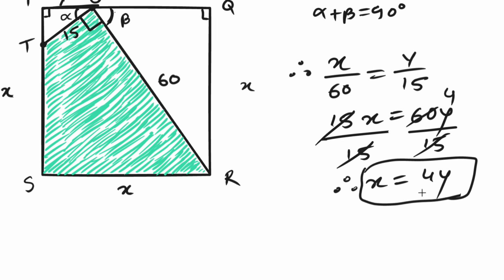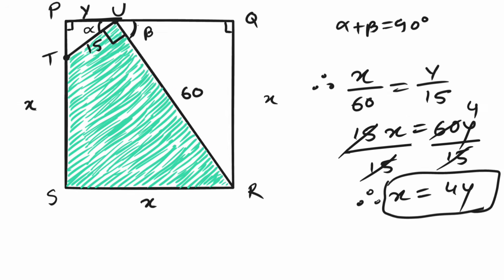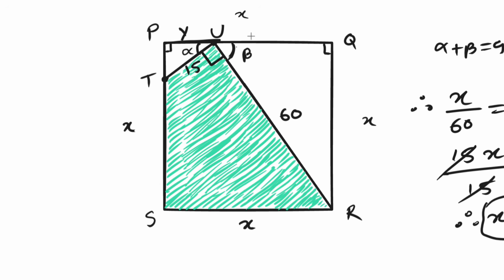x equals 4y. Now let's look at the entire top side PQ. Its length is x. We already know that the first portion, PU, has length y. So the remaining portion, UQ, must be the entire top side minus the first portion. In other words, UQ equals x minus y.